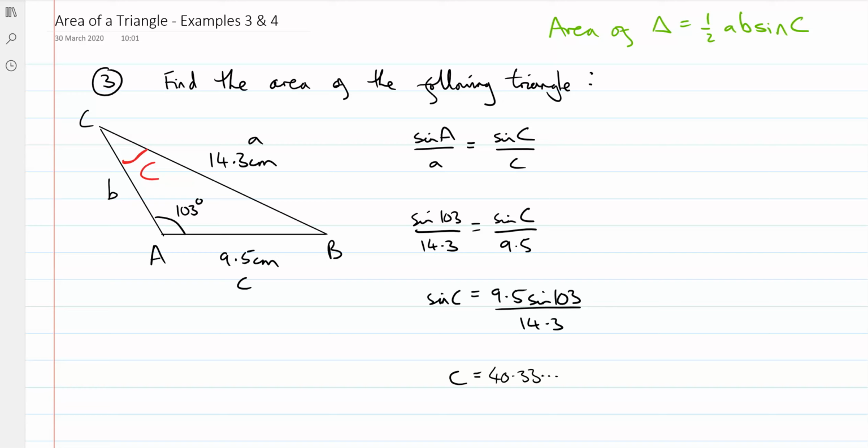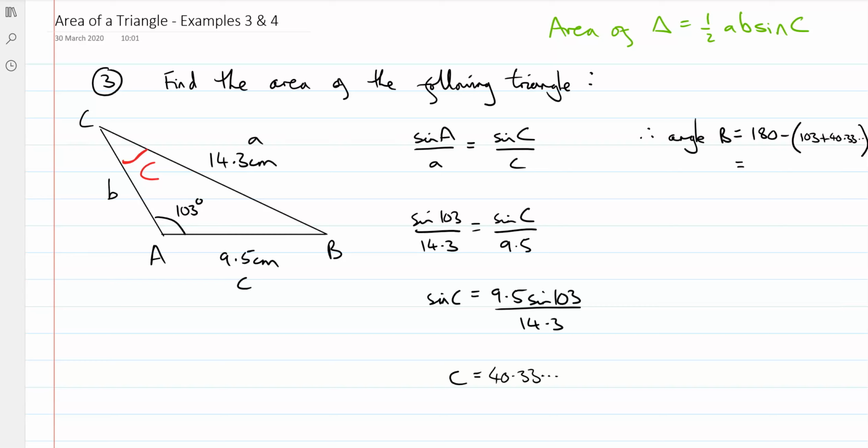Therefore, we can find the angle at B. Because if we've got the angle at C, the angle at B will be 180 minus the other two. Just use the angle sum of a triangle. So minus 103 plus this 40.3 recurring.